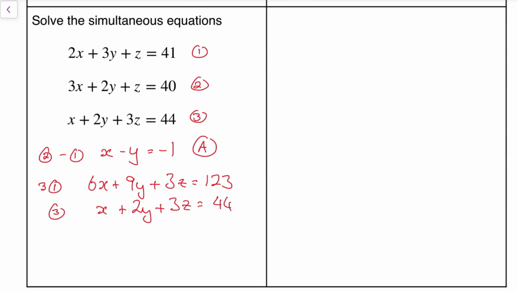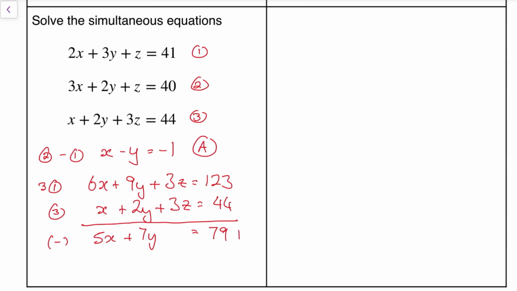Now, just to explain what I am doing, I'm basically using simultaneous equations to get rid of the z's. I'm eliminating the z's, which leaves me with just two variables, and then I can use normal simultaneous equations to get the variables, put them back in, and find out what the z value is. So in other words, if I do minus here, that's going to tell me that 5x plus 7y equals, well, 123 minus 44 is going to give me 79, yeah, 79.